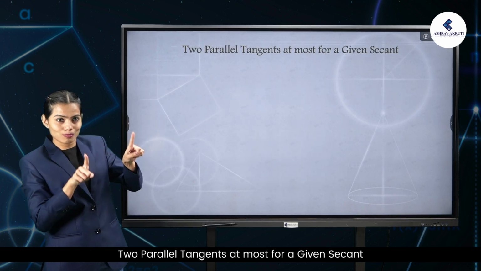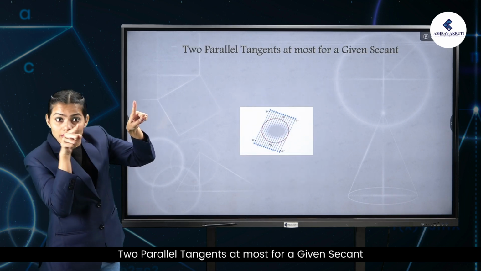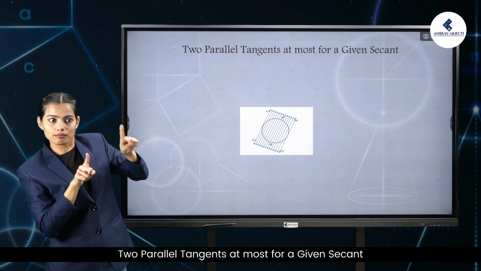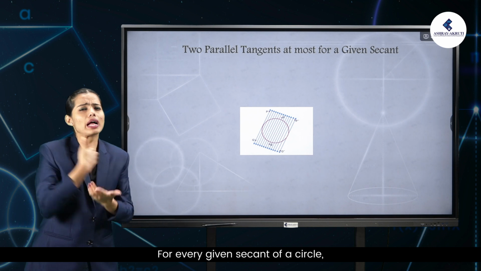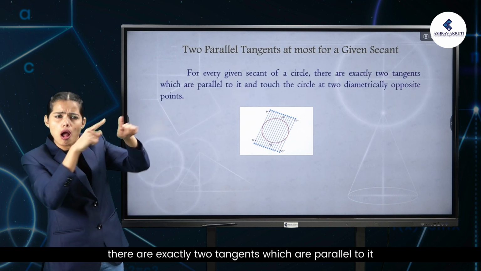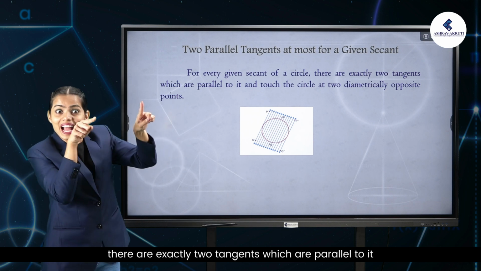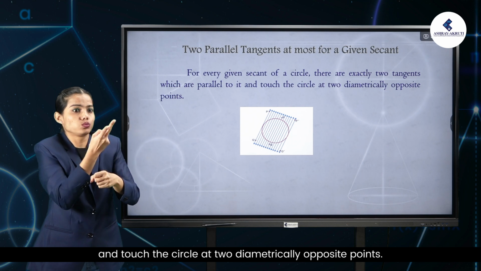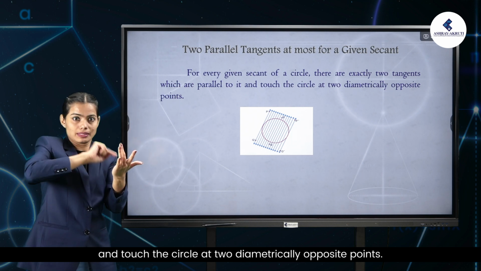Two parallel tangents at most for a given secant. For every given secant of a circle, there are exactly two tangents which are parallel to it and touch the circle at two diametrically opposite points.